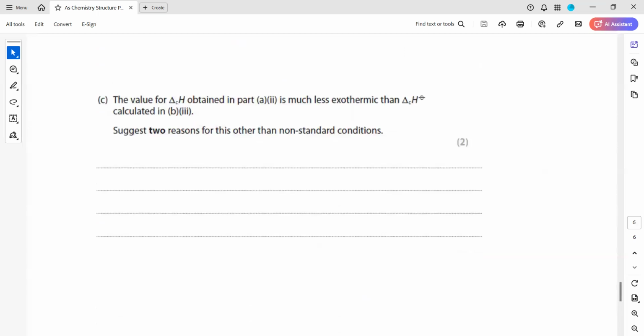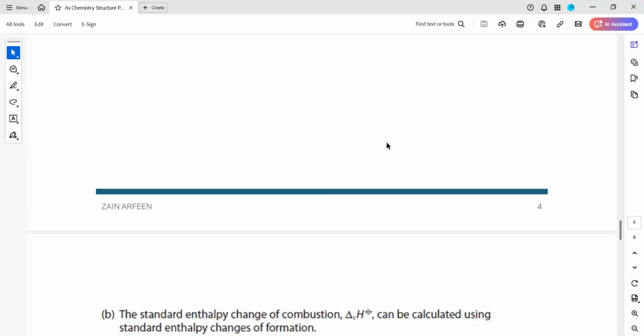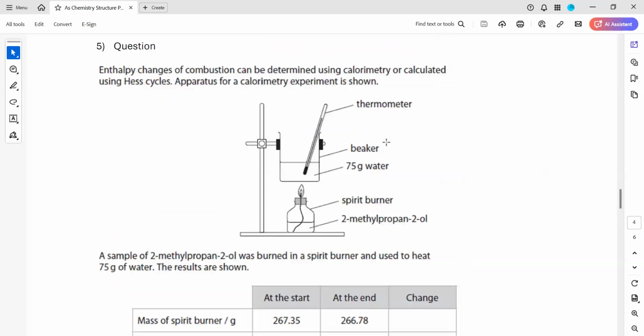So what is the reason why using the Hess law is different from the experimental method? Because experimentally, when we are working out the enthalpy change, there is always heat loss to the surroundings. Our assumption is that there's no heat loss, but practically, when you are burning 2-methylpropan-2-ol or any fuel, it's not like 100% of the energy is transferred to the water.